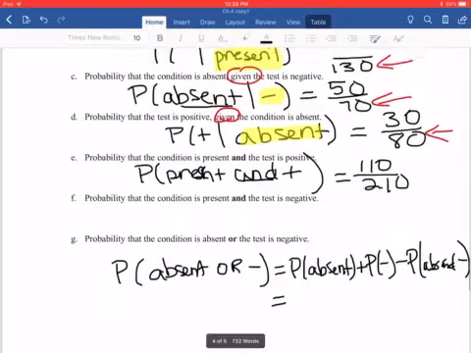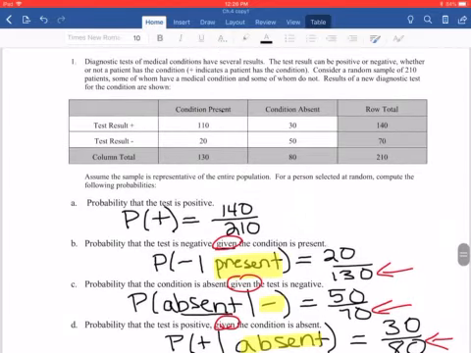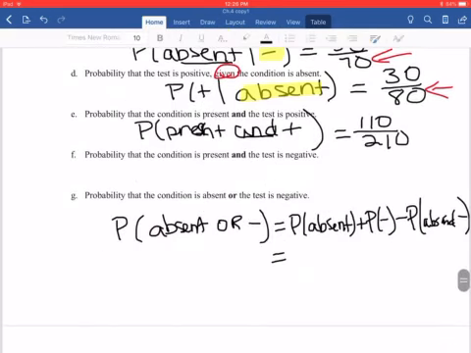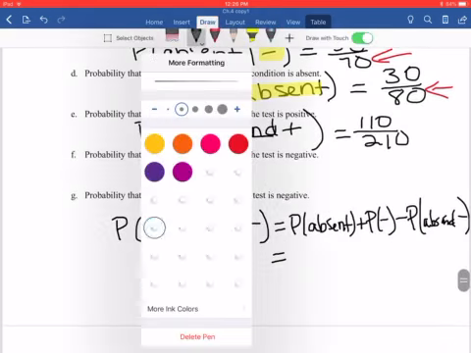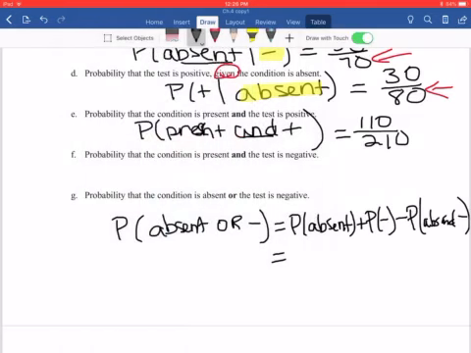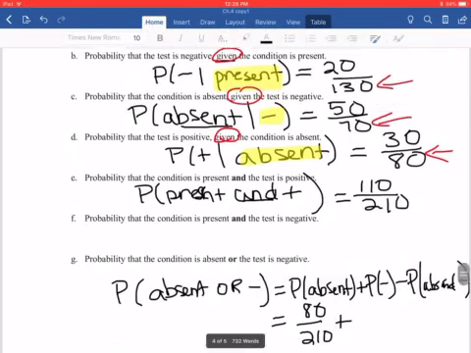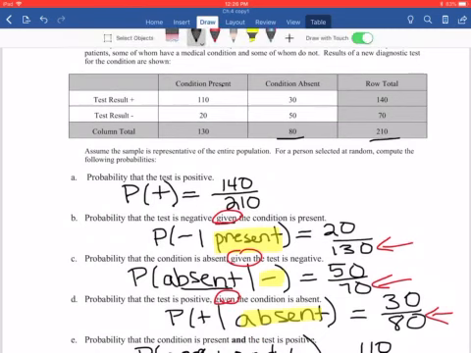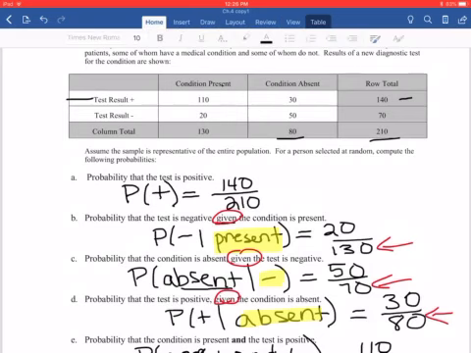Okay, so the probability that they're absent, there were 80 absent out of 210. So we have 80 over 210 plus probability that's negative. Let's look at the negative. Negatives are right here. So all the negatives, so that's 140 out of 210.